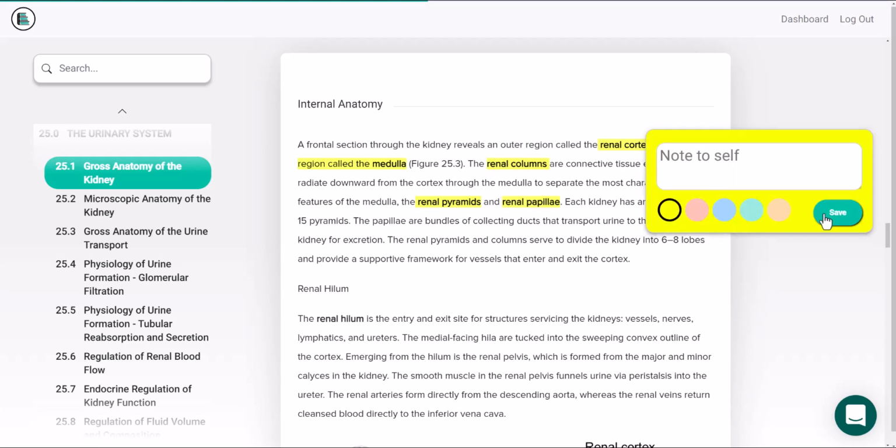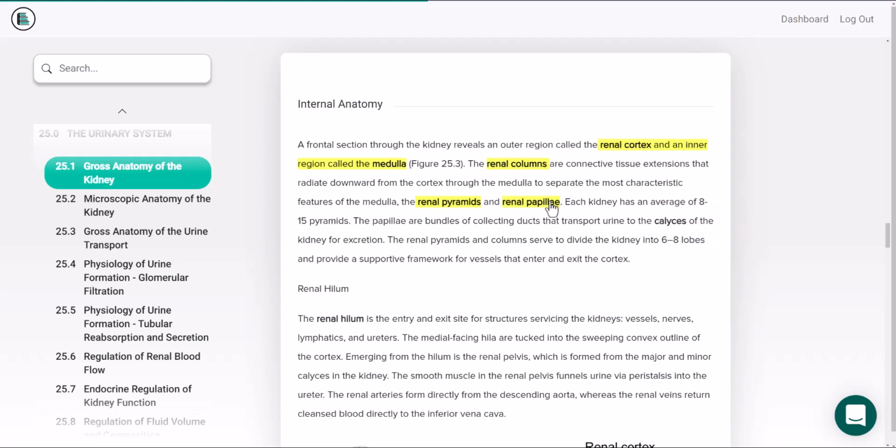Now, renal papillae, we know what papilla means, nipple-shaped structure. So we're going to see that there's a nipple-shaped extension through which the kidneys are going to be passing the urine as it is produced. Each kidney has between 8 and 15 of these pyramids, so they are variable in number.